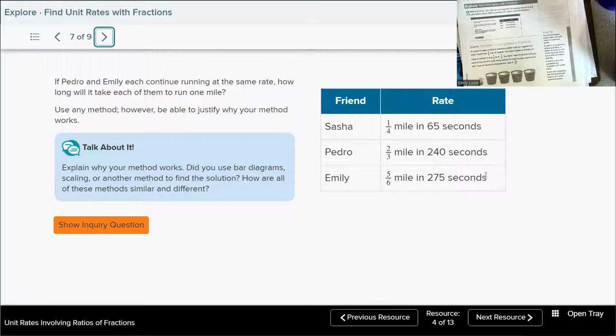So how much would each third of a mile have taken him? No, that's 2/3. So 2/3 took him 240. Half of that is going to be 1/3. Does that make sense? No. So if I split this up and show you the way they did, maybe.